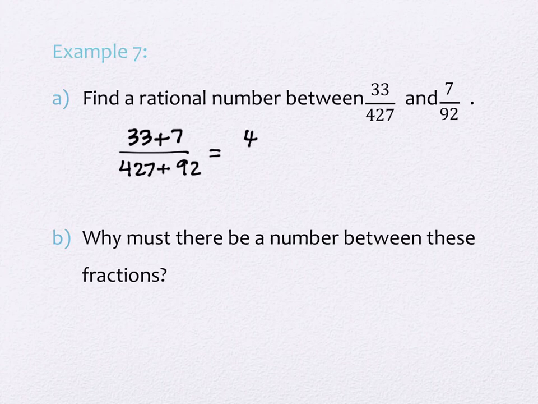So I have 40 on top. What's my denominator? 519. This value is, in fact, in between 33 over 427 and 7 over 92.